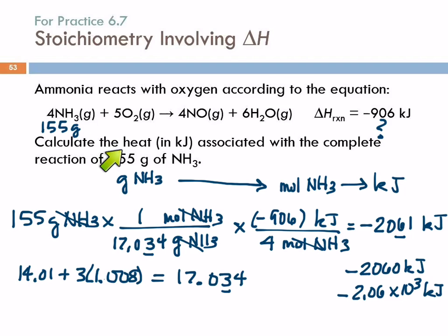This is saying calculate the heat associated. The negative sign here is important because that tells us that energy is leaving, that this is energy that's being released. Any questions?